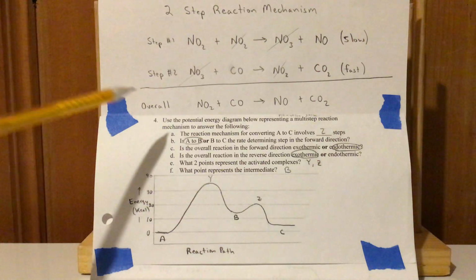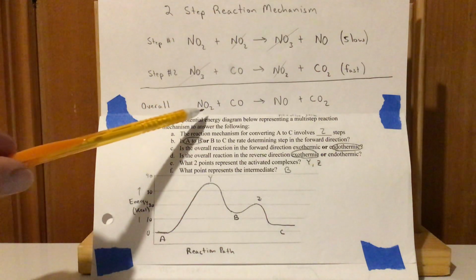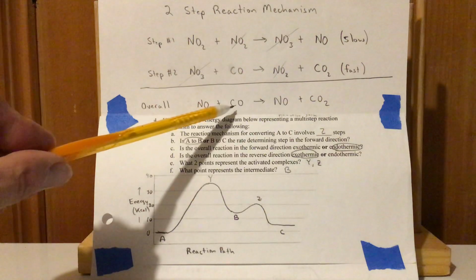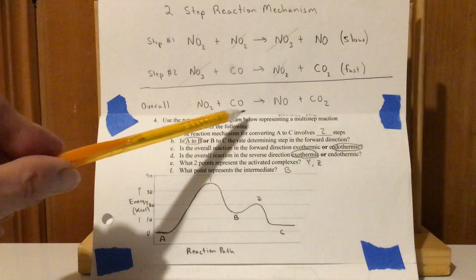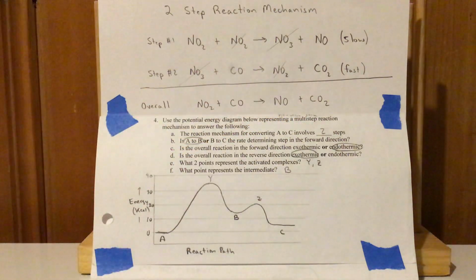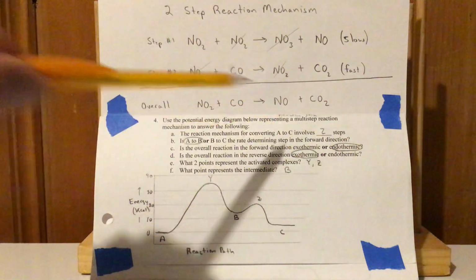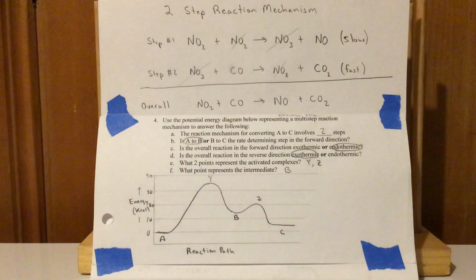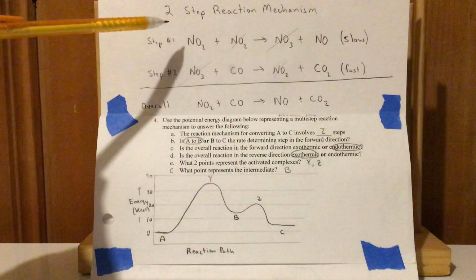So if I looked at the overall reaction of nitrogen dioxide, NO2, combining with carbon monoxide, forming nitrogen monoxide and carbon dioxide, if we broke it down and studied it, we'd actually see it isn't just these two things coming together to form this. It takes place in two steps that are in sequence, a chain reaction off each other.